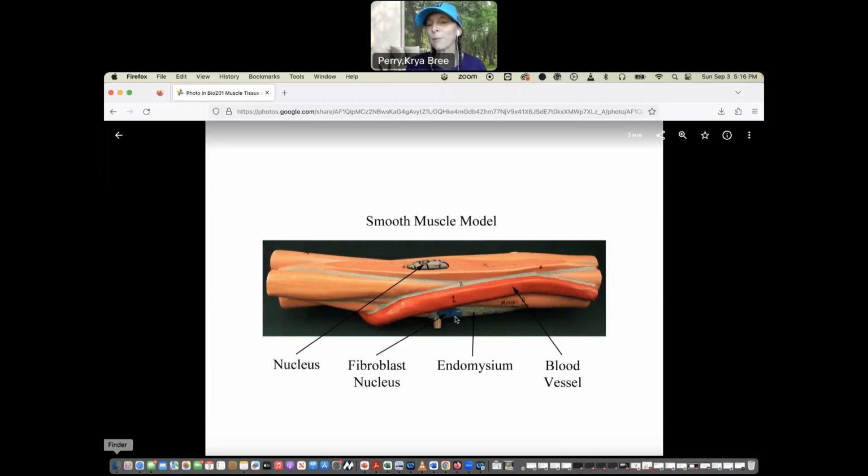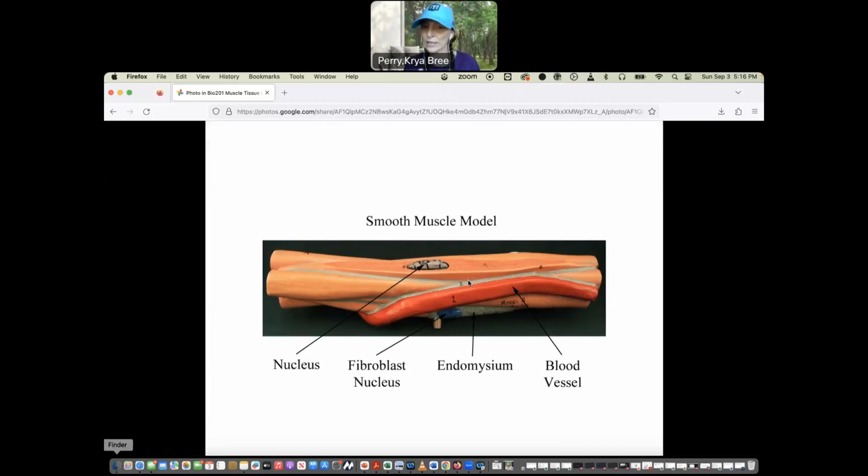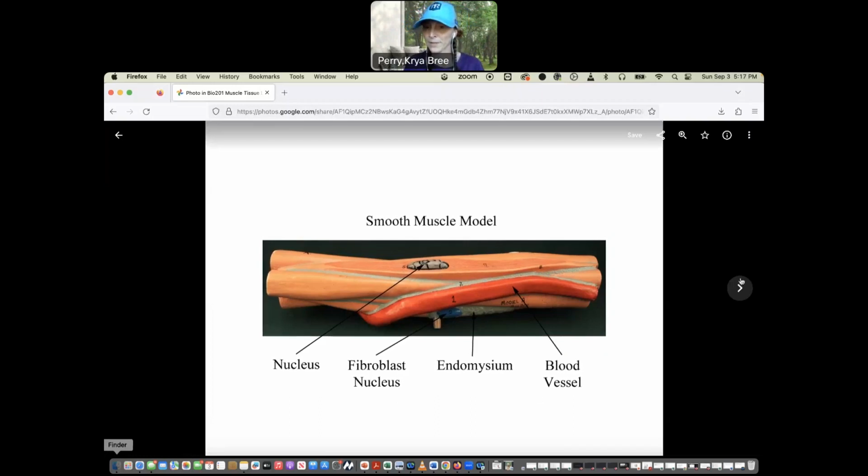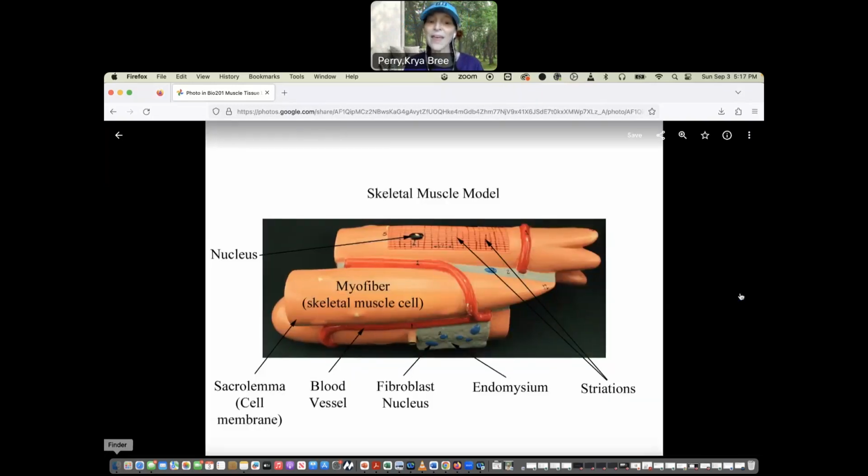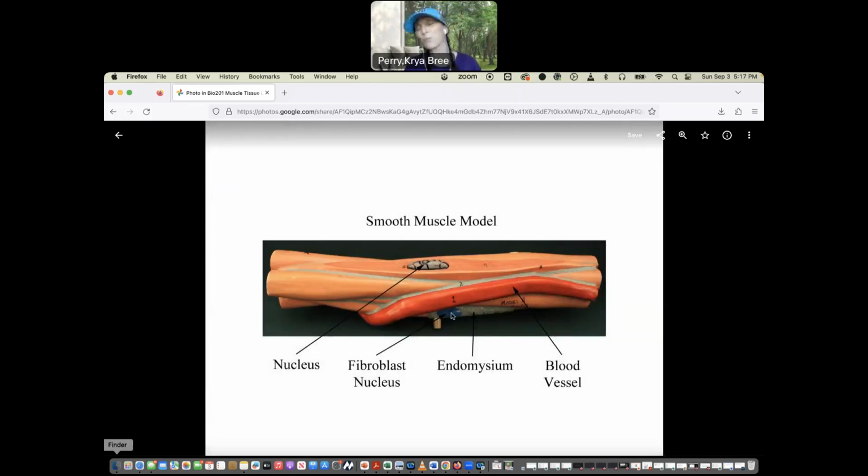And we mark the fibroblast nuclei because endomysium is a connective tissue, so it does have fibroblast nuclei like your loose connective tissues do. But if you just put nuclei, we're not going to mark the endomysium nuclei. We'd mark the nuclei on the smooth muscle cell, okay? So don't worry about that.